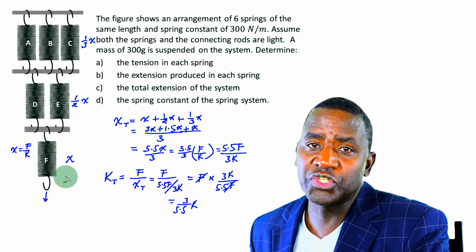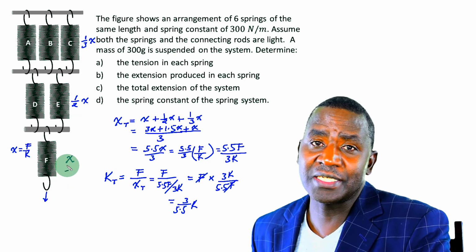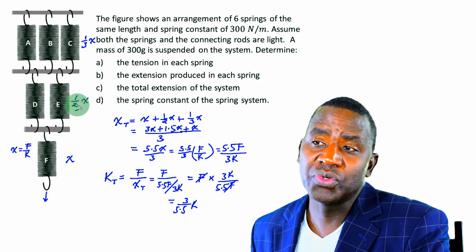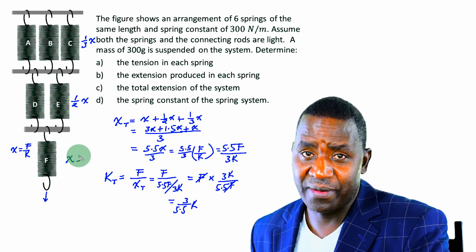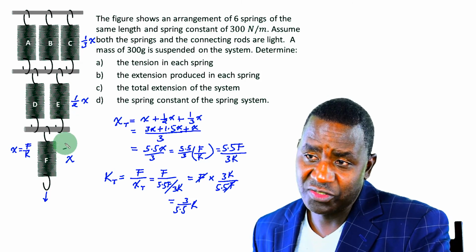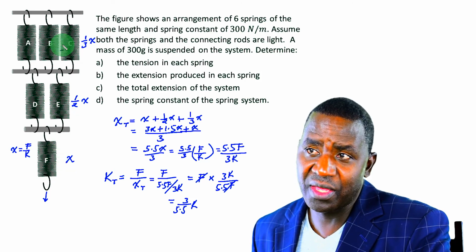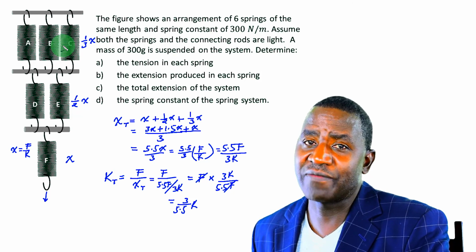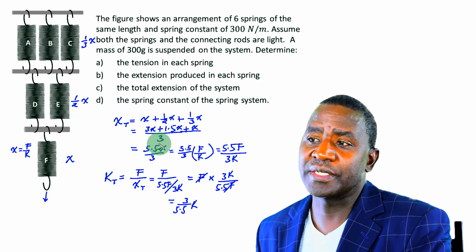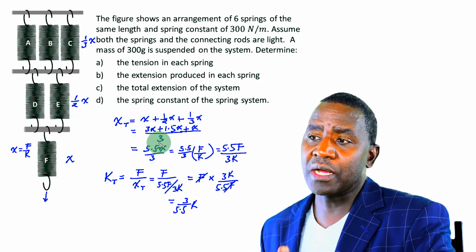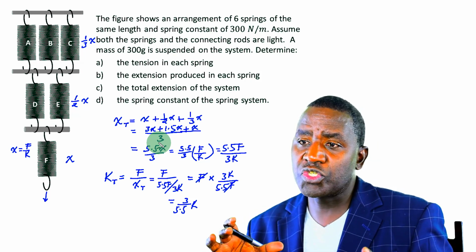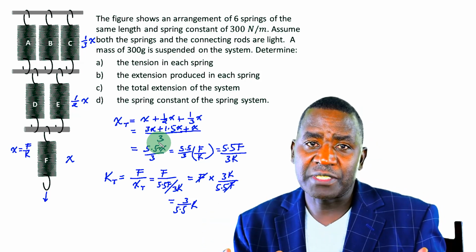If you know the extension here, just divide that extension by 2, because that is what you're going to get there. And just divide that extension by 3 to get what you have there.